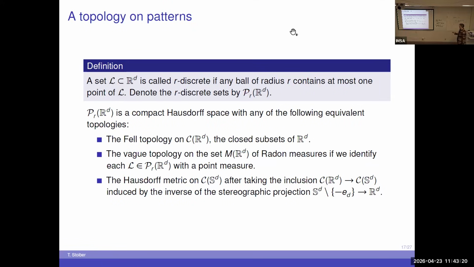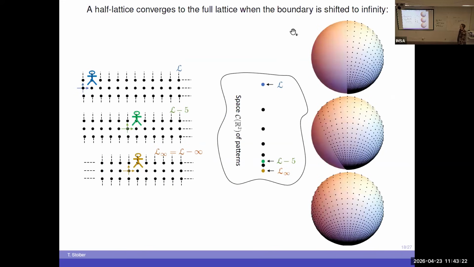I'm just going to show you as a picture what it actually means. You take half of a lattice in 2 dimensions, and you map this to a 2-dimensional sphere. So then this covers basically half of the sphere with some lattice points.